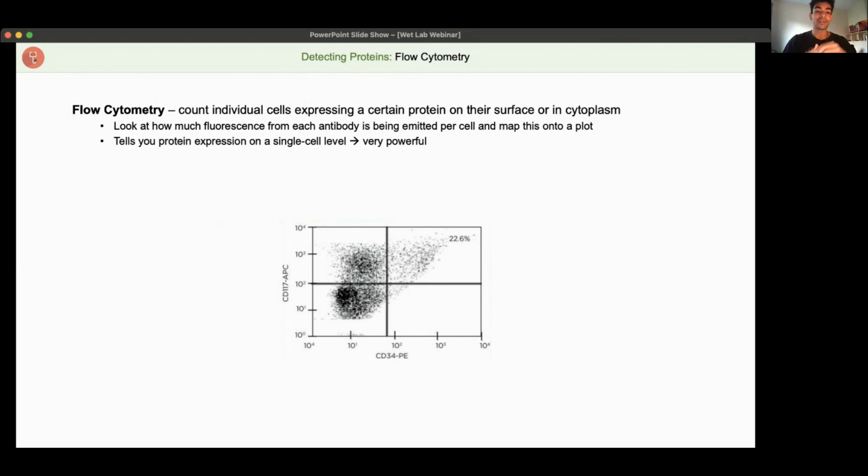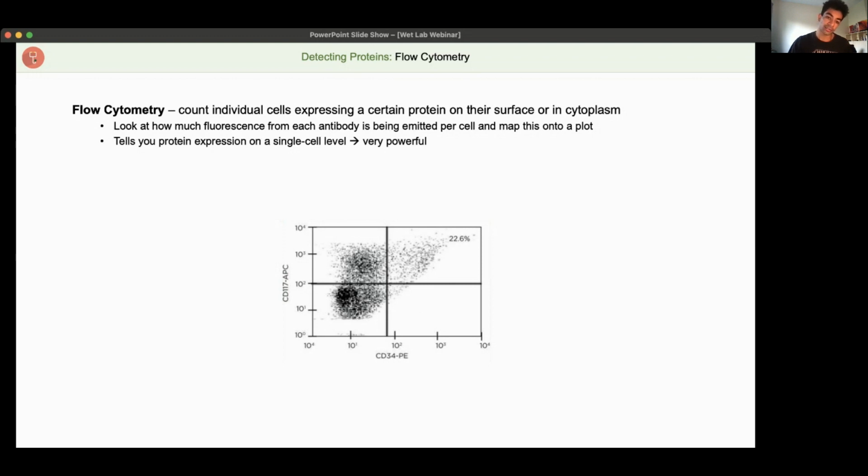You can use live cells and you can look very, very quantitatively using detectors in the flow cytometry machine to see how much of a protein is present on the surface or inside. So in this diagram, you can see each little dot, it's a bit pixelated, but each little dot represents an individual cell in your sample. The x-axis shows the expression of a surface marker called CD34.